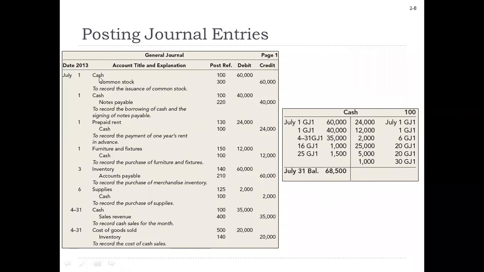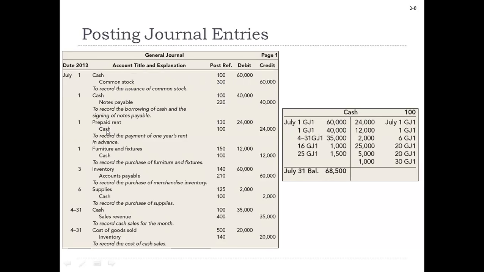So the first one, here's a cash. There's a debit to cash for 60,000. So remember, debit is the left side. So here's that $60,000 debit to cash. Here's another cash. That's a debit for 40,000. Let's put that on the debit side, 40,000.